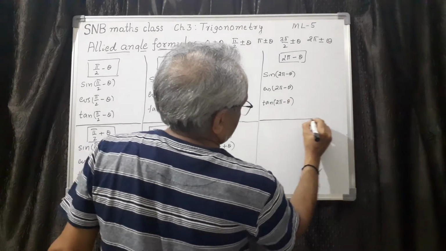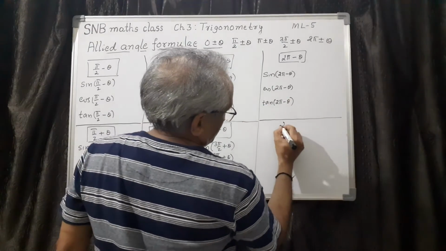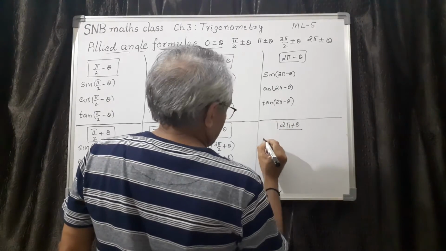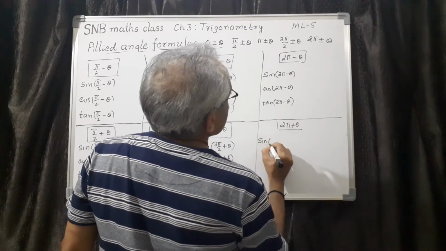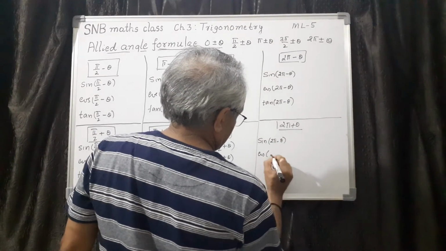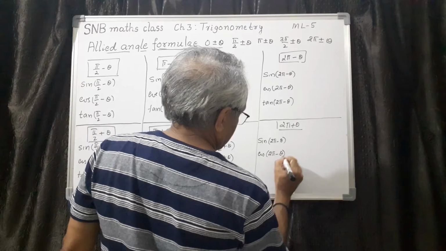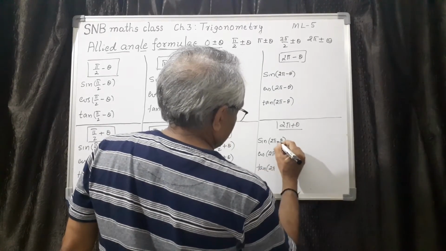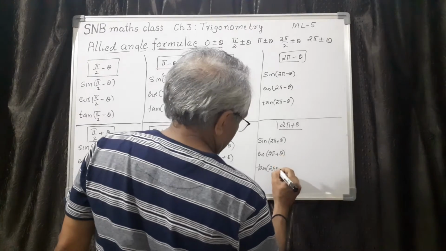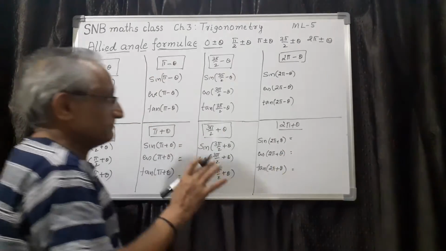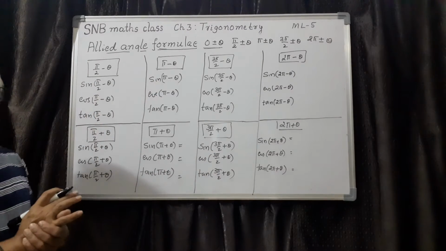Then 2 pi plus theta, the next set. So sine of 2 pi plus theta, cos of 2 pi plus theta, tan of 2 pi plus theta. So this is the set. I have written it purposely, all of them together.